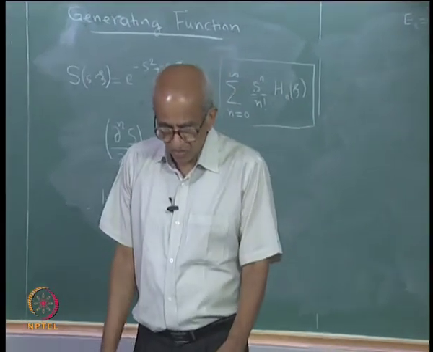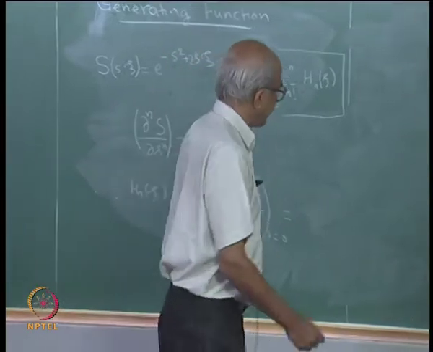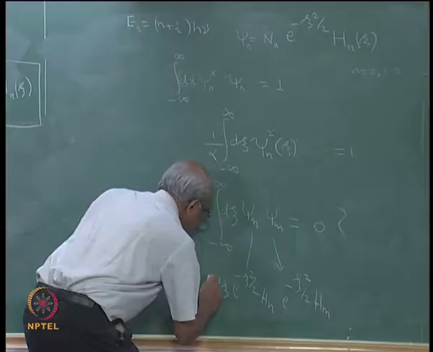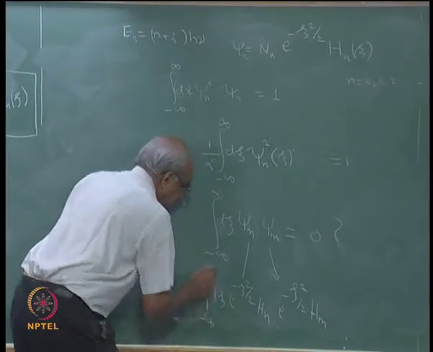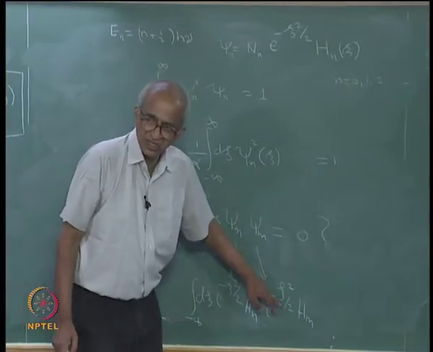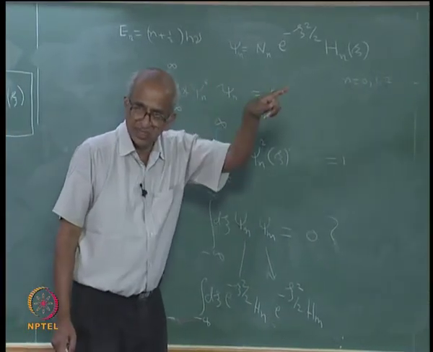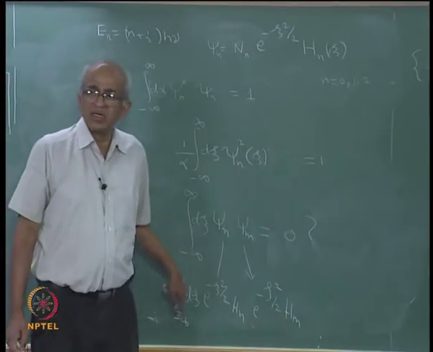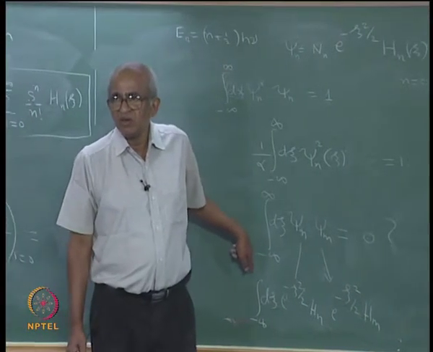So, therefore, I want to evaluate the integral from minus infinity to plus infinity of a product which involves e to the power of minus c square by 2 times e to the power of minus c square by 2, effectively e to the power of minus c square, multiplied by H n multiplied by H m, and I want to integrate it from minus infinity to plus infinity.